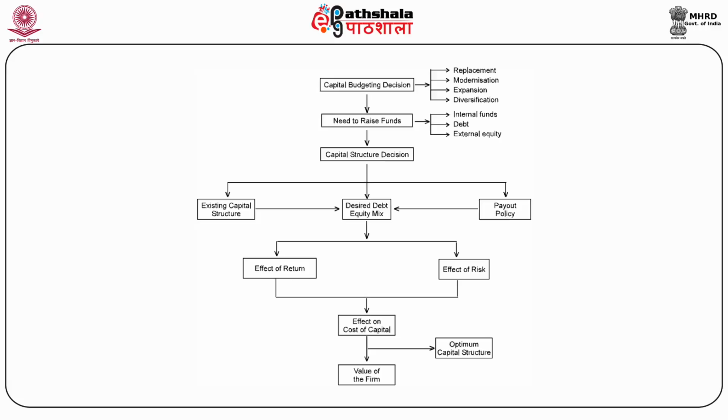Therefore, an optimal capital structure would be one which maximizes the value of the firm and minimizes the cost of capital. So students, every capital structure decision affects the value of the firm, and the optimal capital structure is one which increases the value of the firm and decreases its cost of capital.